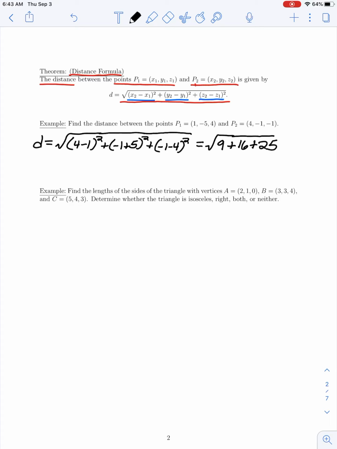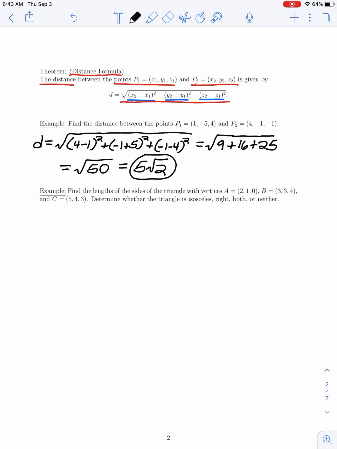So summing these, we have the square root of 25 plus 25, or root 50. Now 50 is 25 times 2, so root 25 is 5, and then we've got our square root of 2. So this is the distance between those 2 points in 3 dimensions.